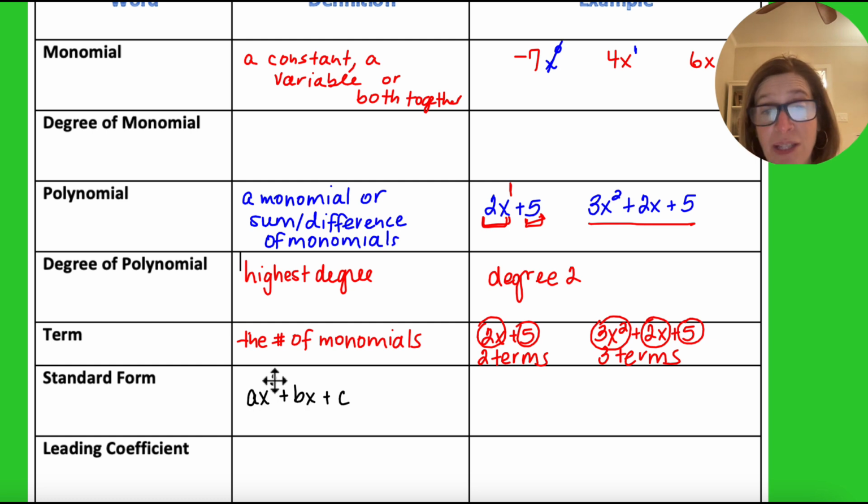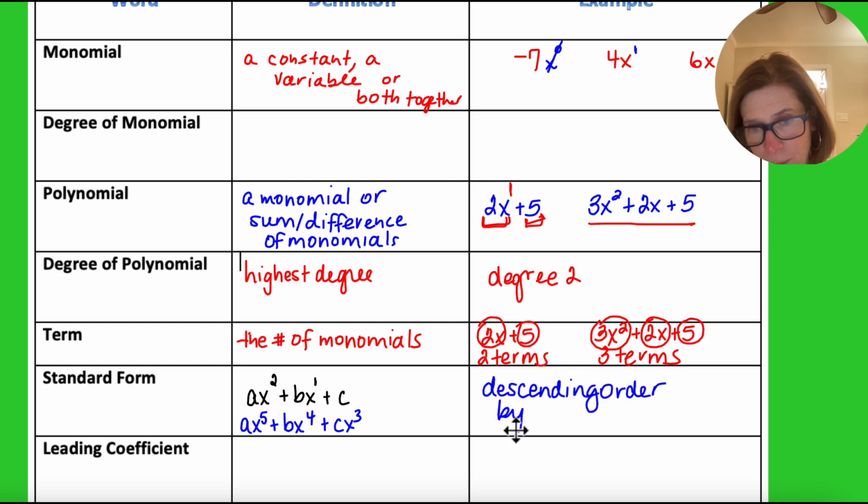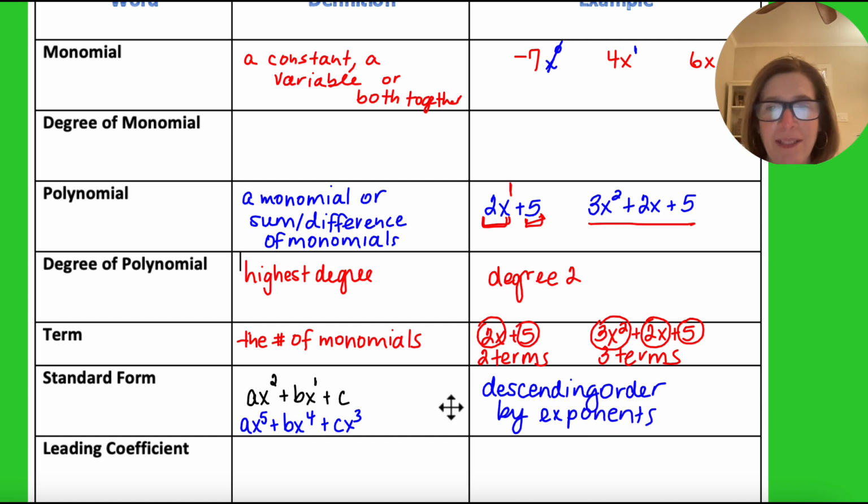But you can see I went from x squared to x to the 1 to the constant, which would really be x to the 0 if you're thinking about it. But if I gave you a degree 5, ax to the 5th plus bx to the 4th plus cx to the 3rd, and so on. So standard form is descending order by exponent.